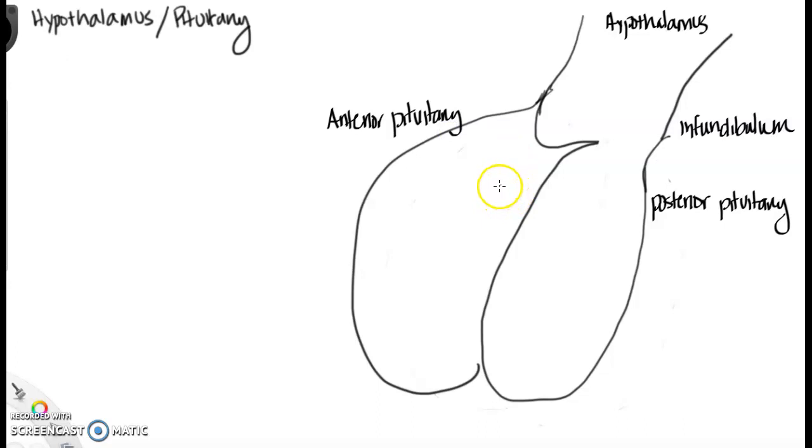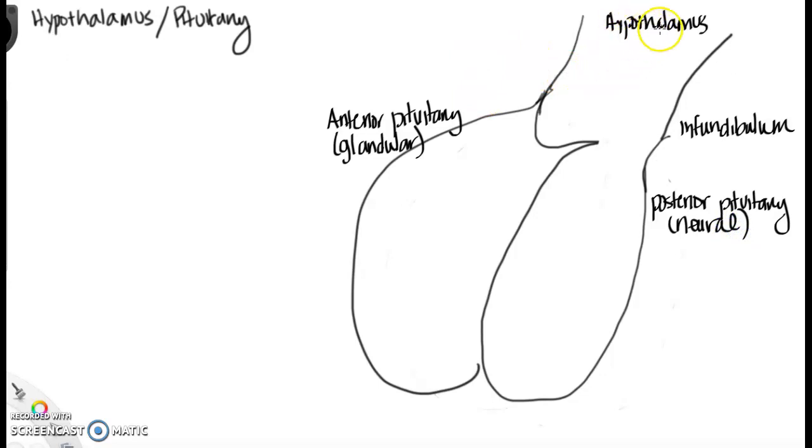The pituitary gland is separated into posterior and anterior. The anterior is glandular, so it's glandular tissue, and the posterior is neural.